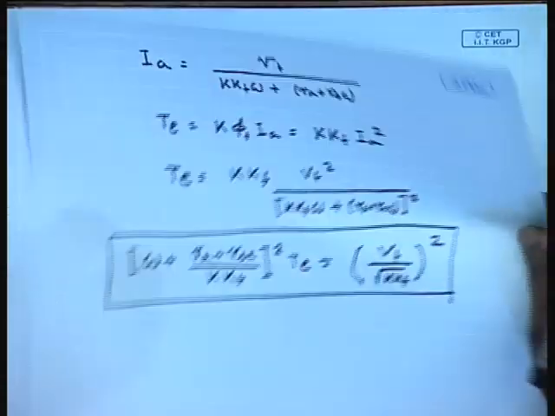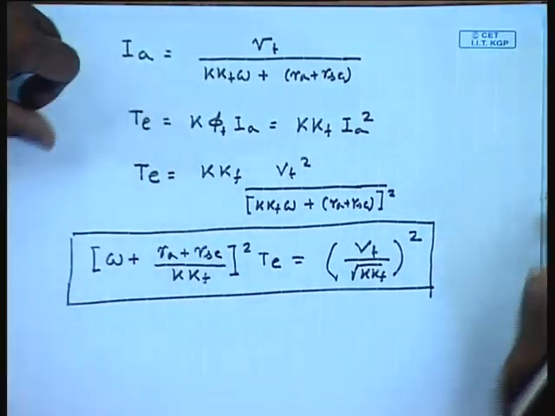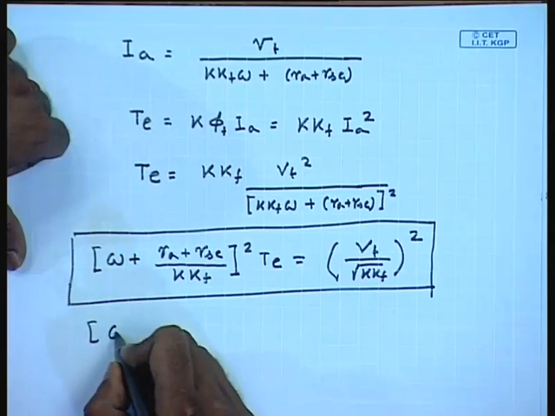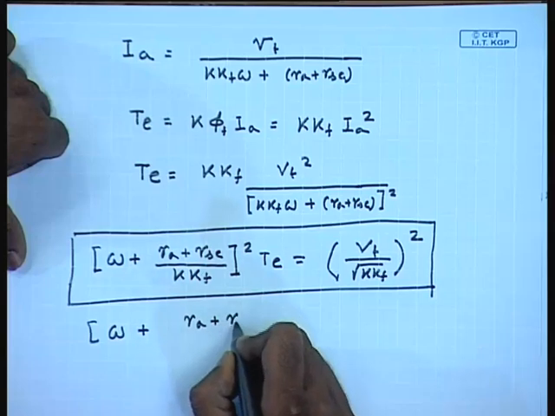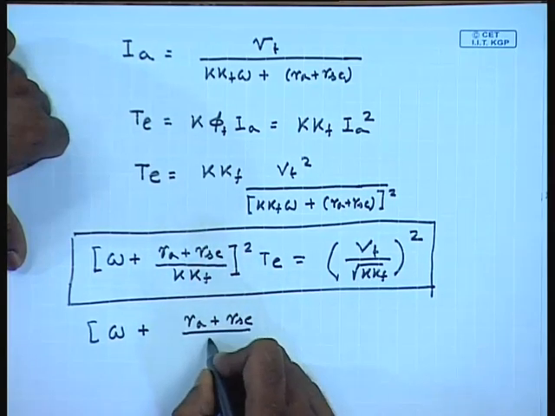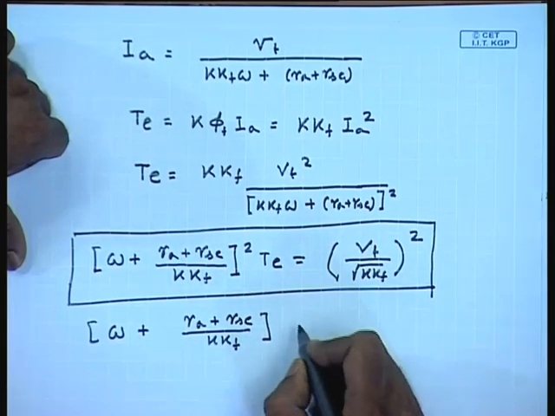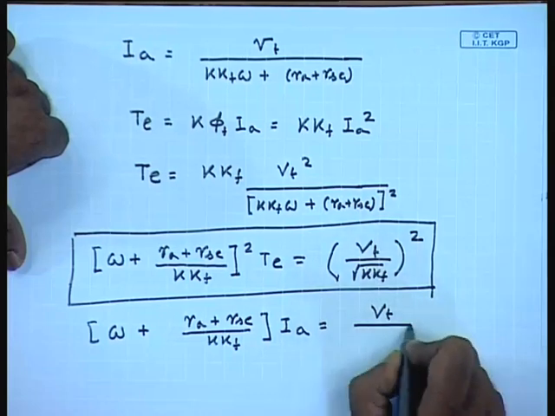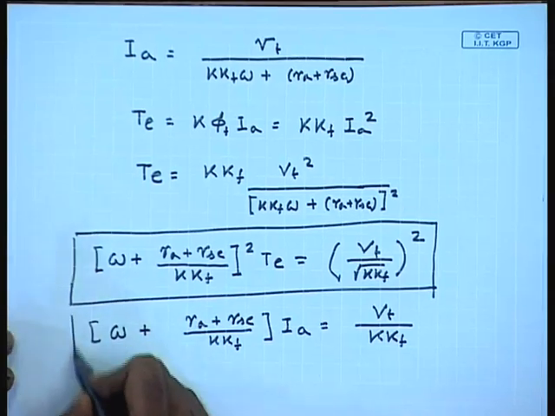Now, if we plot this, the current speed expression can also be determined in a similar manner. This is the current speed characteristics.